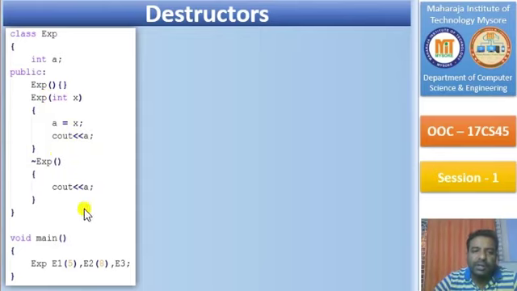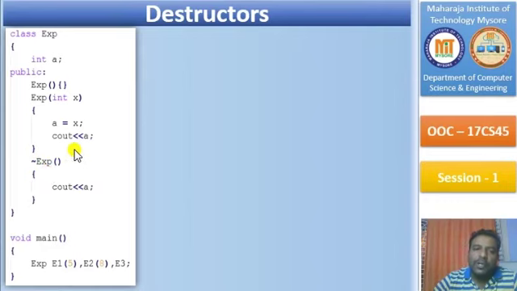Now just observe the difference. Same class name, it's almost the same, no return type, similar to a constructor, and you can observe a tilde character. A tilde character should be a prefix of this function name.